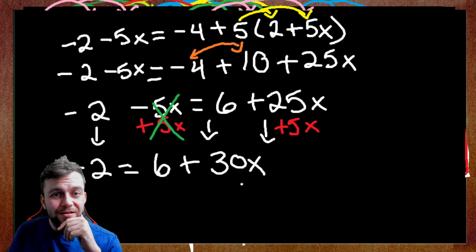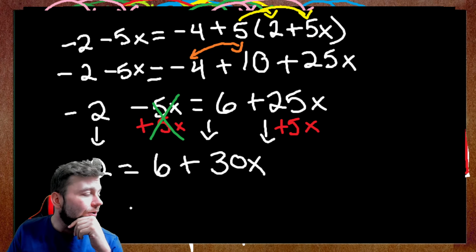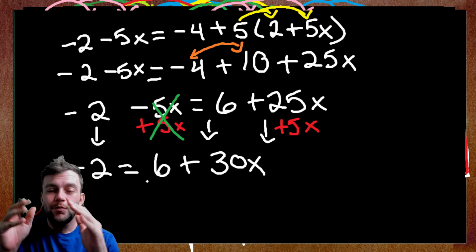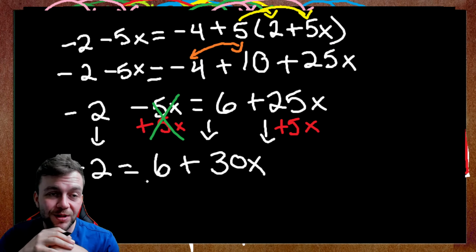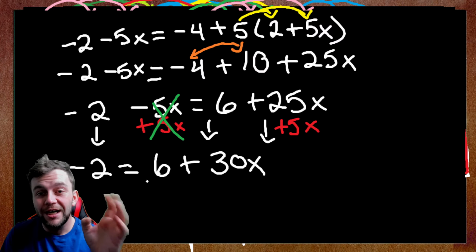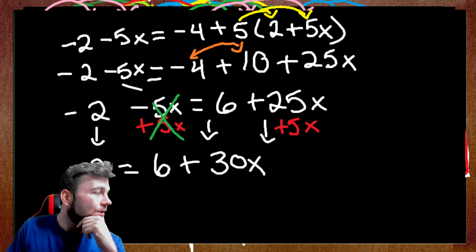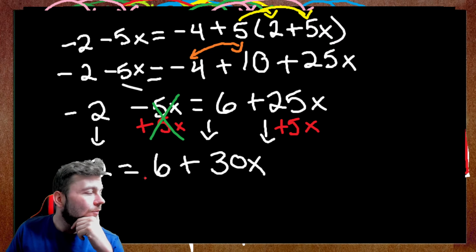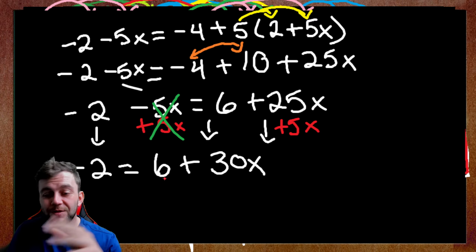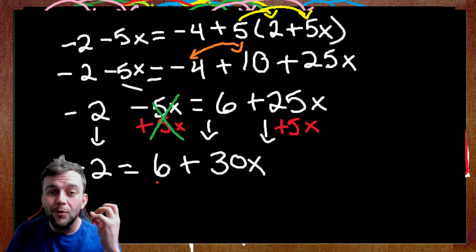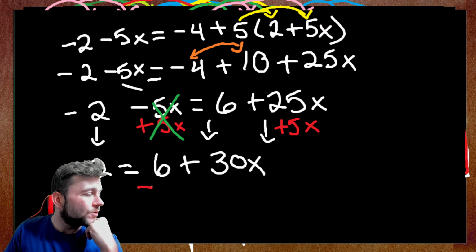Not too bad. We're trying to isolate that variable still. Always want to isolate the variable. So how do we do that? We want to get rid of this 6 plus, that extra gunk around your variable. So subtract 6 from both sides.